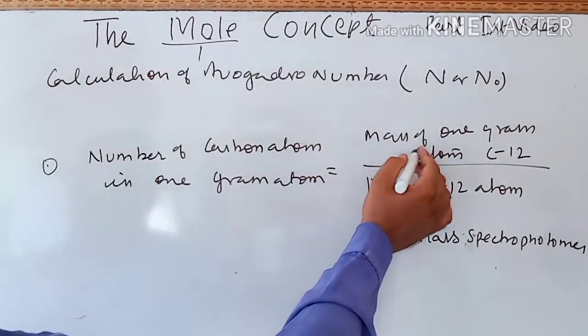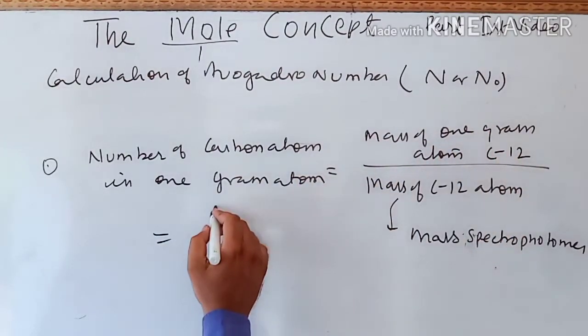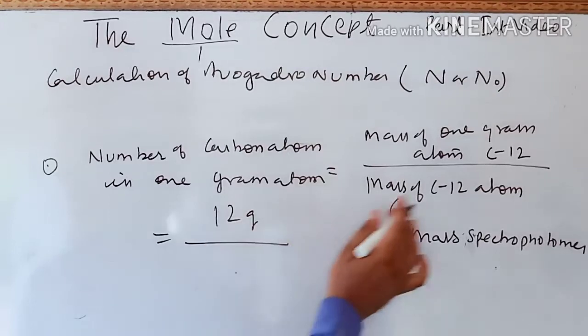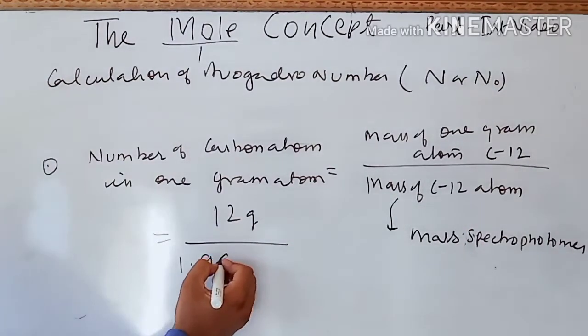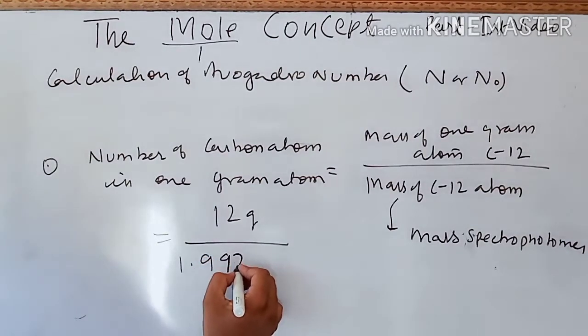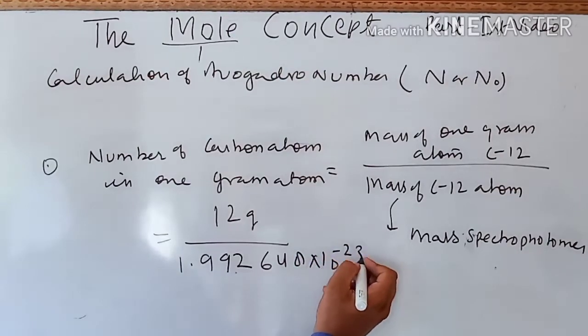So now put the mass of one gram atom, we all know, 12 gram, upon the mass of one C12 atom, that is also fixed, 1.992648 into 10 to the power minus 23.